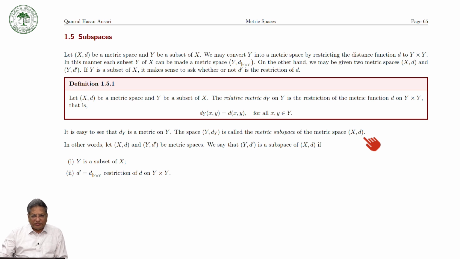In other words, let (X, d) and (Y, d') be metric spaces.